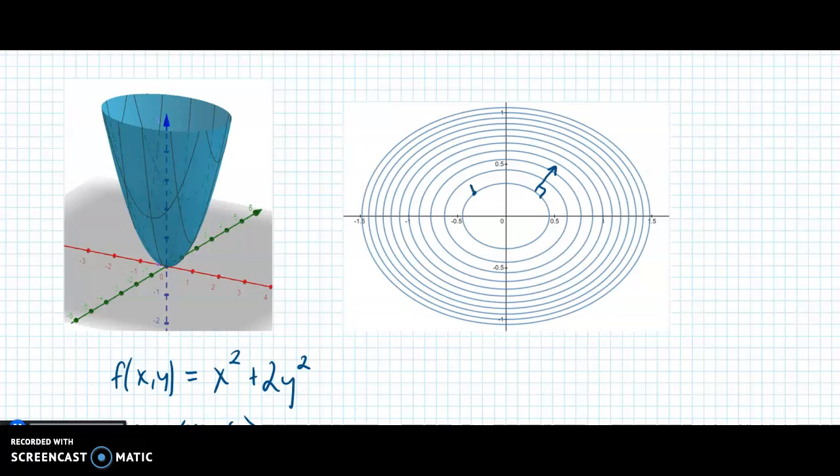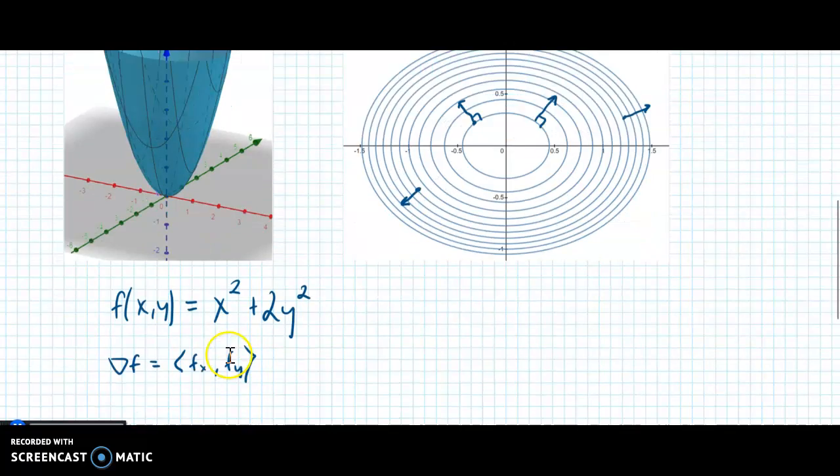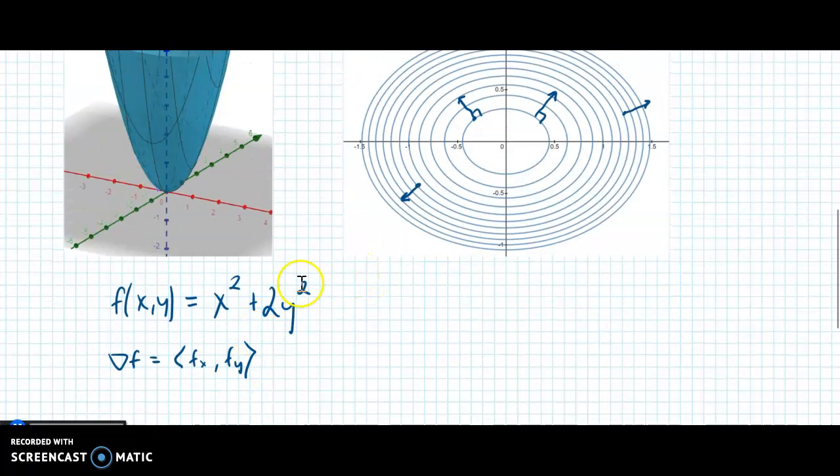Say I take it here, it'll be perpendicular to that contour plot. Wherever I take del f, remember, del f is a vector, right? If I were to start it at that x comma y where I evaluate it, and then place it over top of the contour plot, it will always be perpendicular. And I'm going to prove that to you.